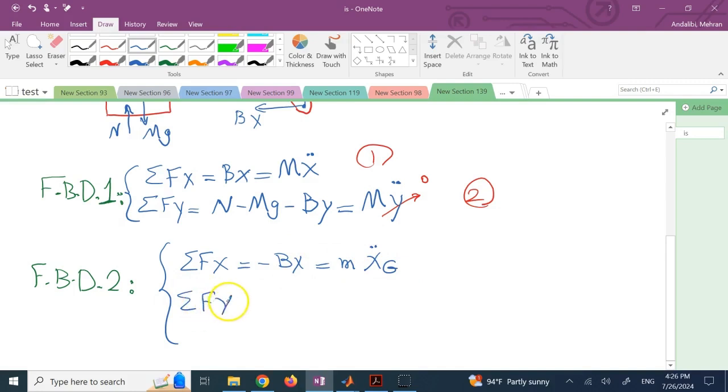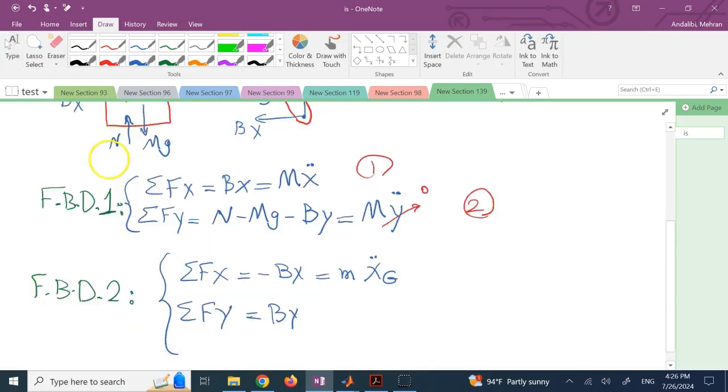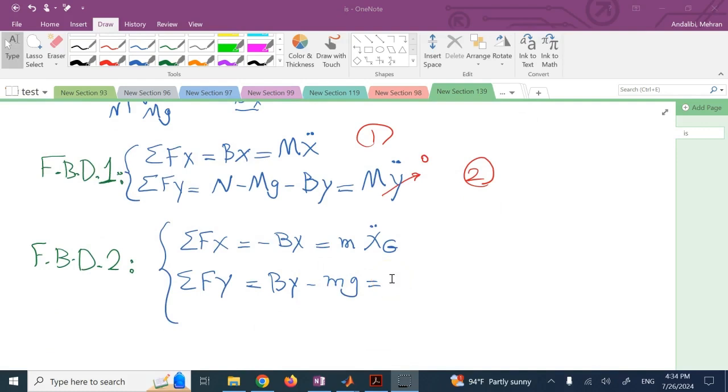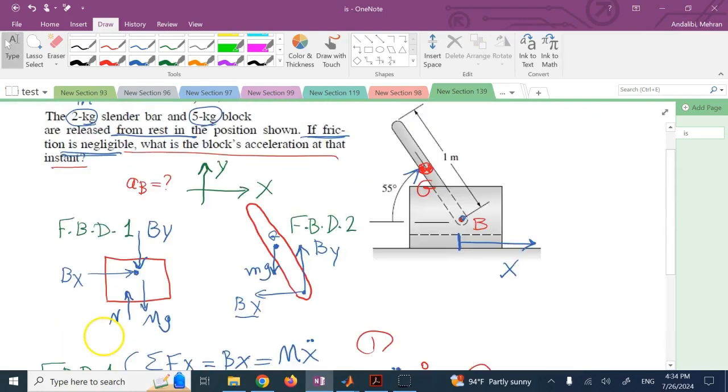Sum of forces in the y is By, right, if you can see, minus mg, equal to m times y double dot G. And sum of torque about point G, clockwise positive, because the actual direction of this angle theta, the way that it does work, is it is going to go down.